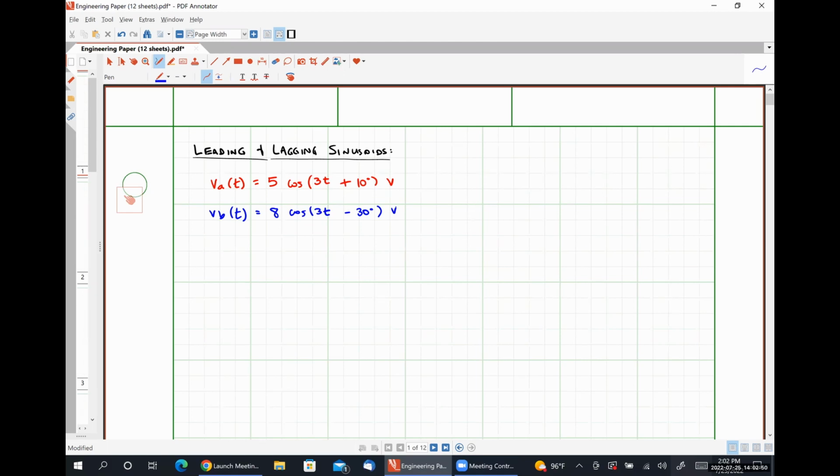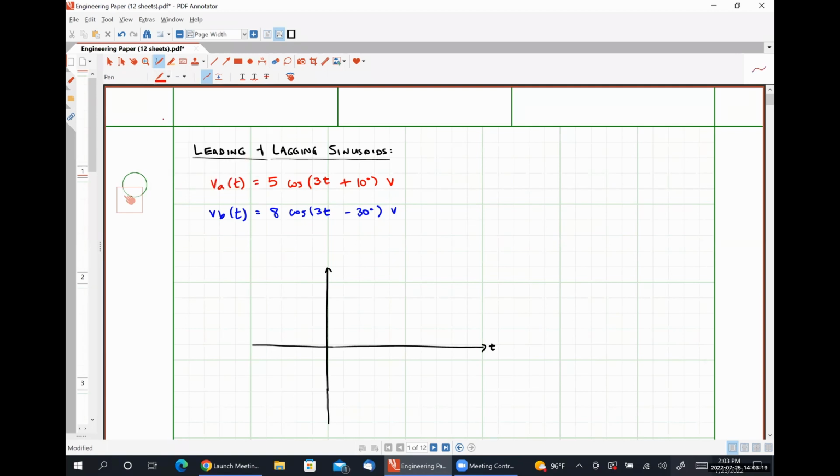So I am going to try to plot these functions. Please bear with me. I know that my drawing skills are absolutely terrible. So here's time. Let's do VA first.